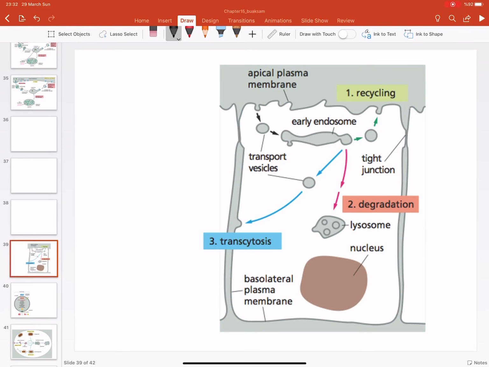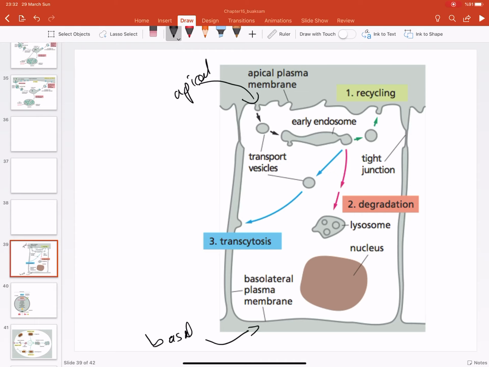Okay. This vesicular transport is also a way of transportation for some cells, because remember these cells, like skin cells and intestine cells, have two surfaces, the apical surface and the basal surface. These apical and basal surfaces are different from each other.